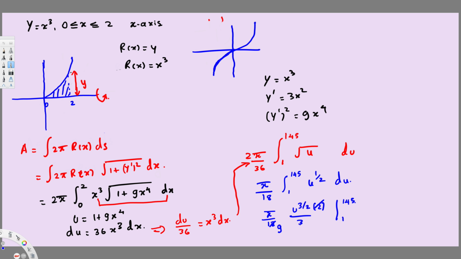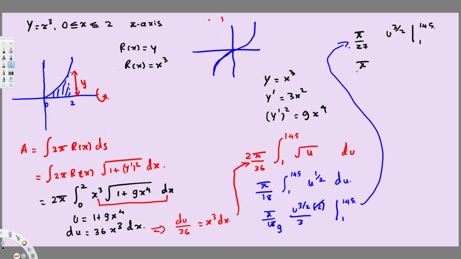And 9 times 3 is 27. So let's continue this one right here, right? So here we are going to have pi over 27, and then we have u to the power 3 by 2 going from 1 to 145, and let's plug the values.